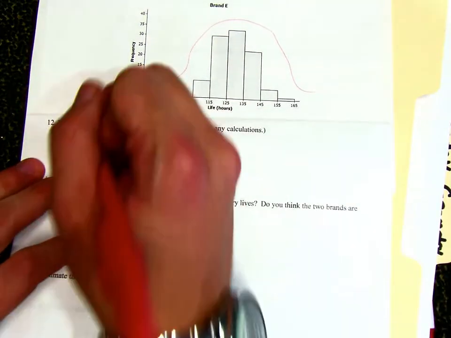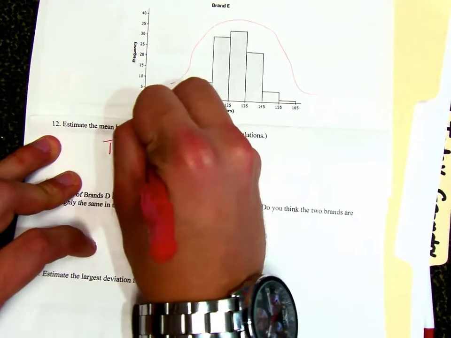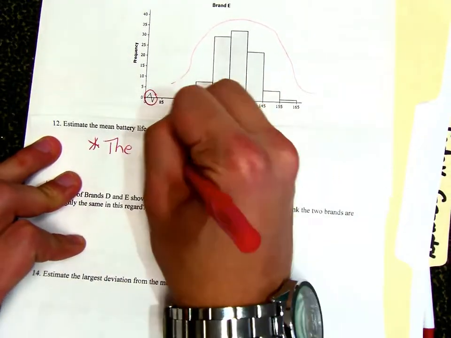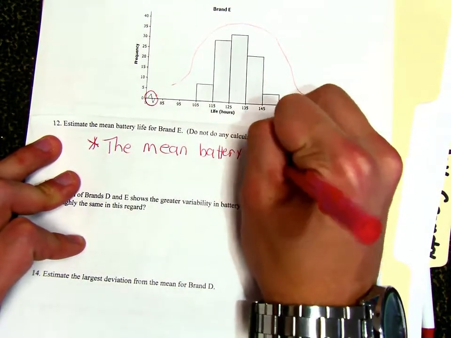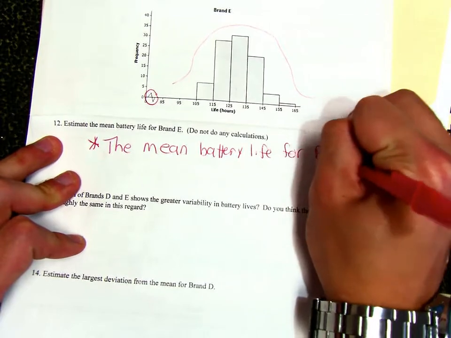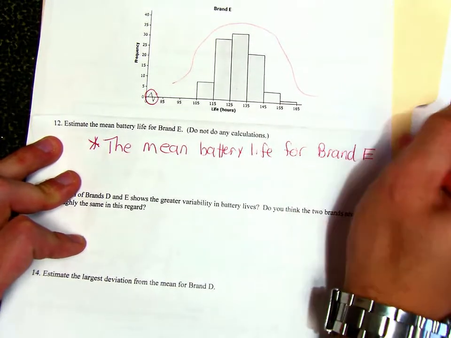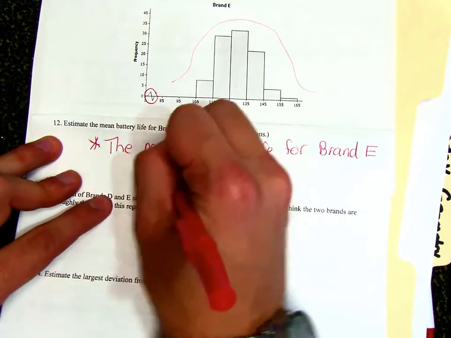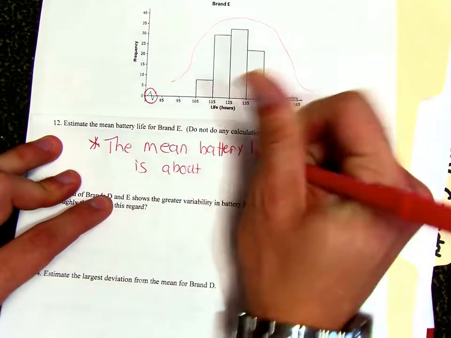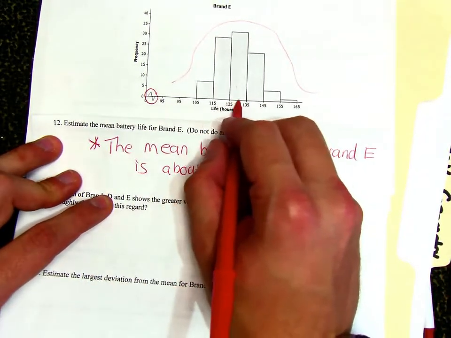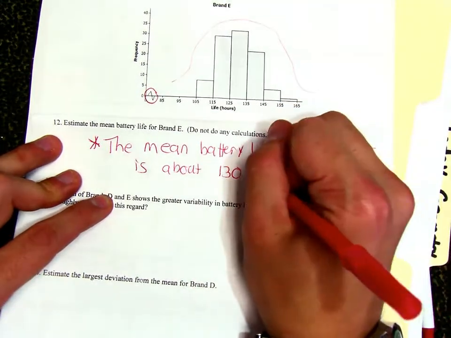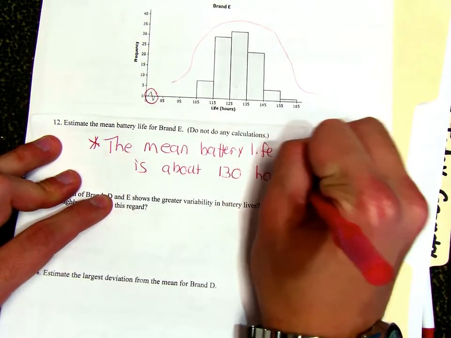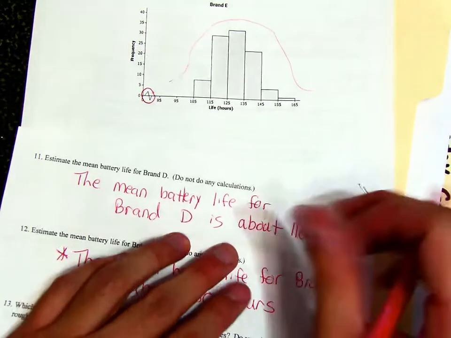So we can say the mean battery life for brand E is about, and if we look here, it would be 125 to 135, so it would be about 130 hours. Just like for number 11, we would say about 110 hours.